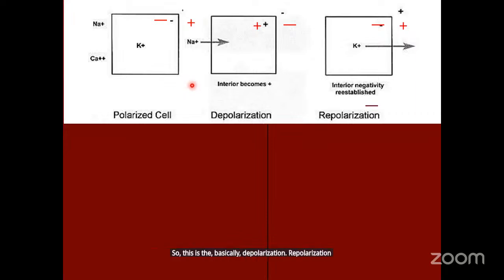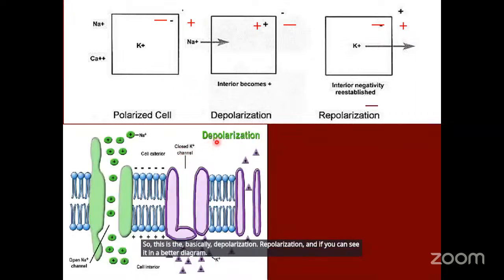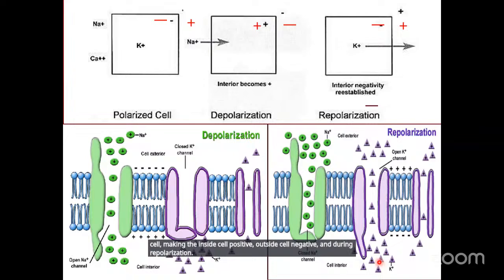If you look at a better diagram, in depolarization positive charge ions are entering the cell, making the inside of the cell positive and the outside negative. During repolarization, positive charge ions, especially potassium, are leaving the cell, making the outside positive again and the inside negative again. So the ECG is nothing but the depolarization and repolarization of each of your cardiac muscle cells, seen through the waveform of PQRST.